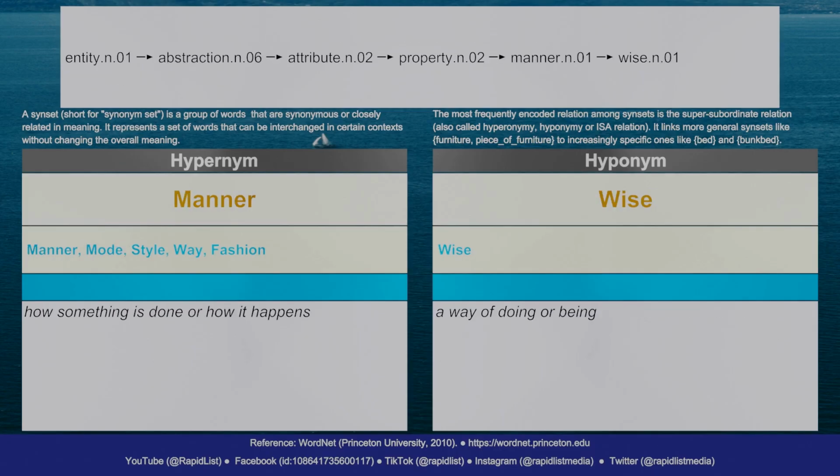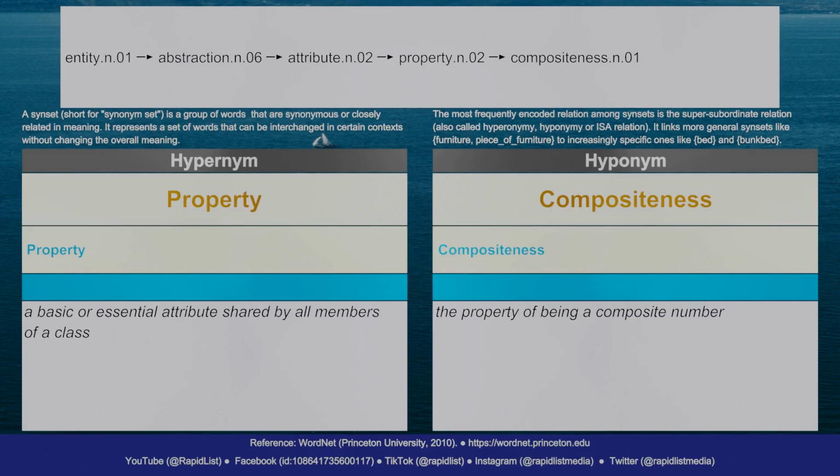Wise. A way of doing or being. In this wise. Compositeness. The property of being a composite number.